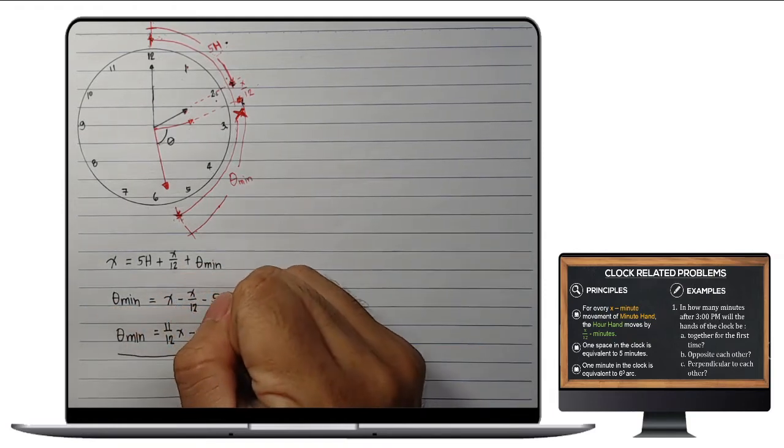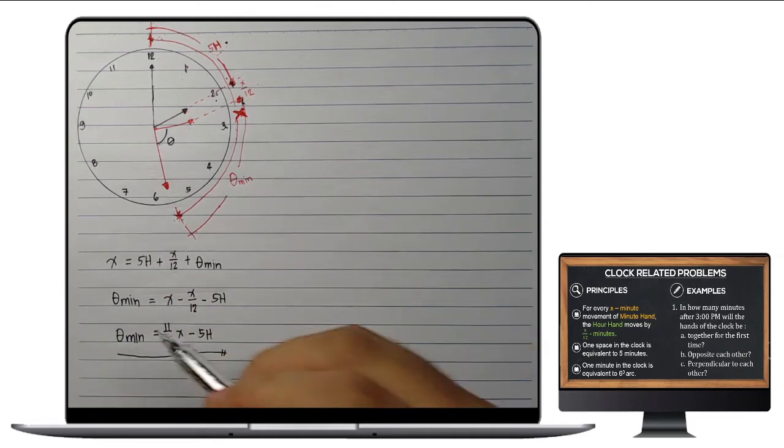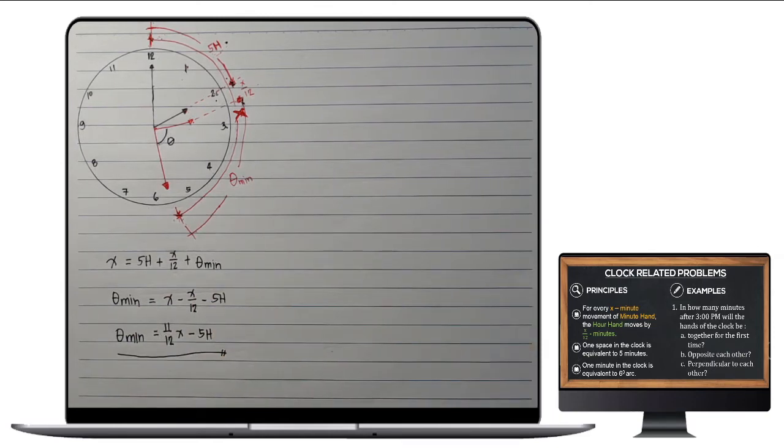So, pwede yan na yung formula natin. So, where theta is the angle in between the minute hand and the hour hand. So, that will surely be 11 over 12 multiplied by x, where x is after how many minutes. So, yan yon. Minus 5h. Yung h again natin is the o'clock mark, which is our reference.